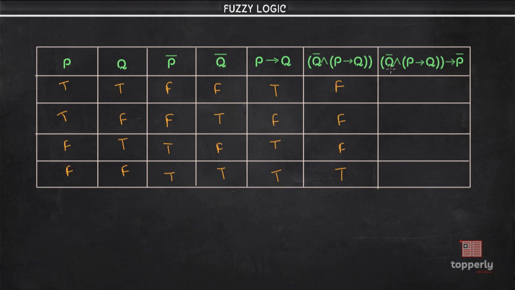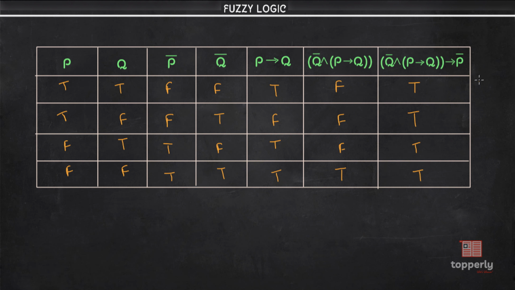Then lastly we have Q bar conjunction P implies Q, the whole thing implies P bar. That is, now we have to consider this column implies this column. So we have false and false will imply true, false and false will imply true, false and true will imply true, and true will imply true.